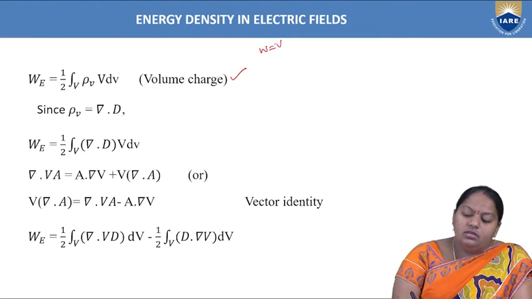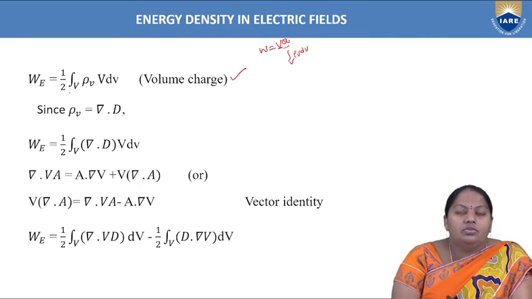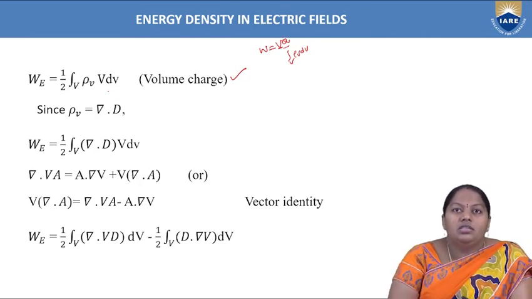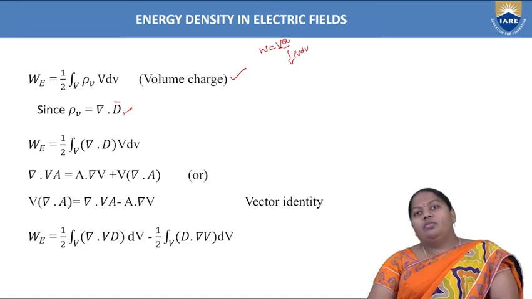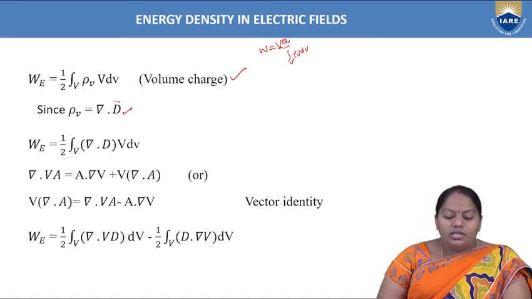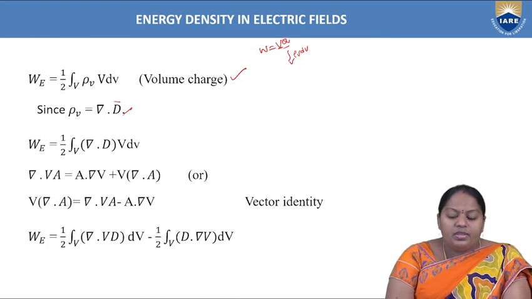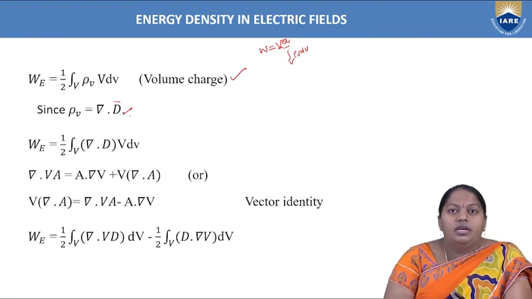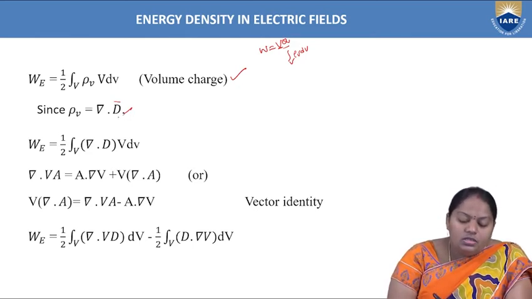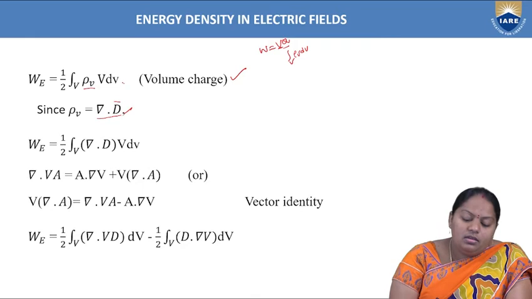Work done is the multiplication between potential and charge, so Q is replaced by integral V rho V dV and the extra variable is V. Since rho V equals del dot D, which is the point or differential form of the first Maxwell's equation for electrostatic fields, in place of rho V we substitute del dot D in the above equation.